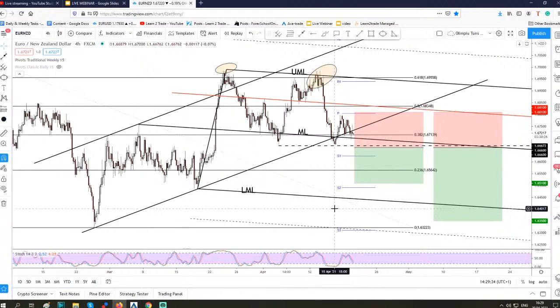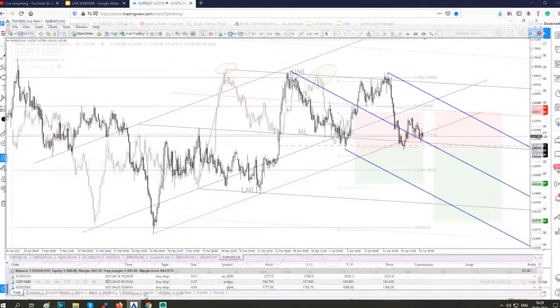So that's why I want to place a sell stop on euro versus the New Zealand dollar, and so we'll place a sell stop at 1.6660.